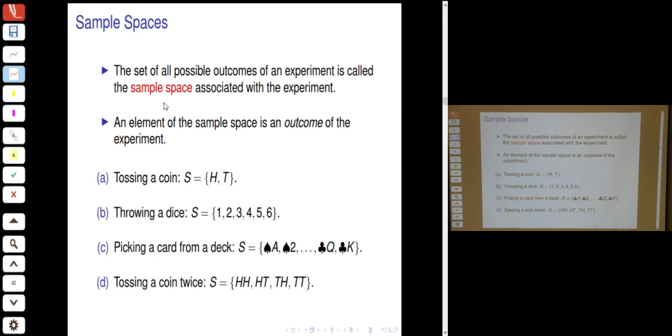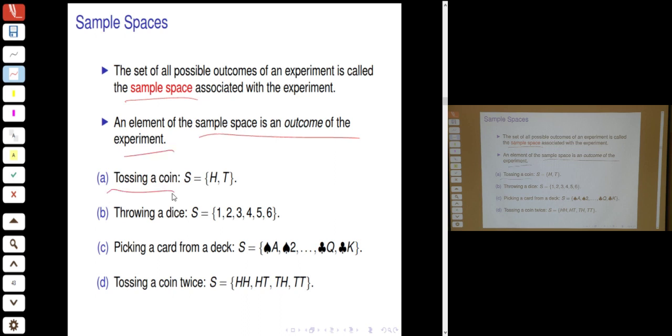You are interested in the outcomes of the random experiment because you are going to build your probability model on the basis of these outcomes. If you collect them together, this is the sample space, the totality of all the outcomes of a random experiment. An element of the sample space is an outcome of the experiment.